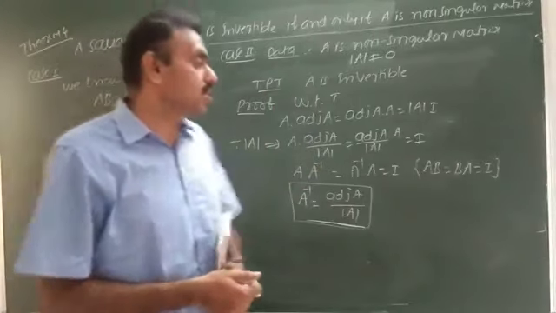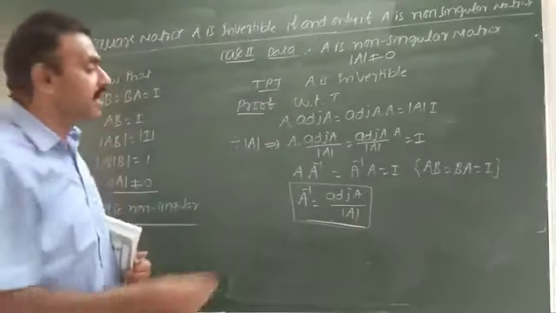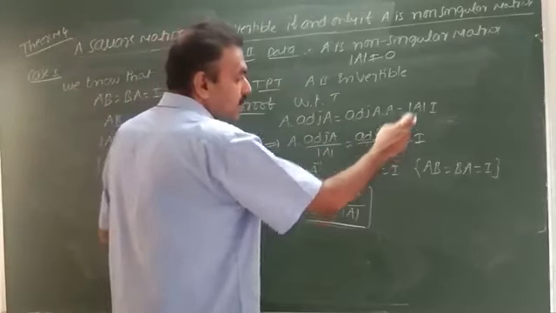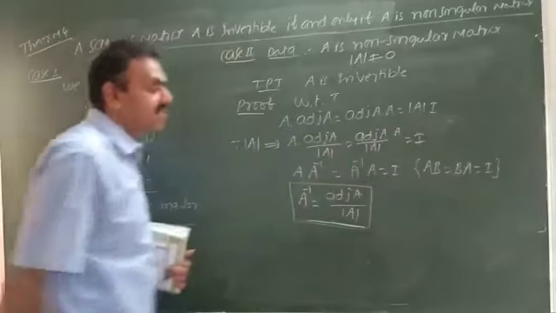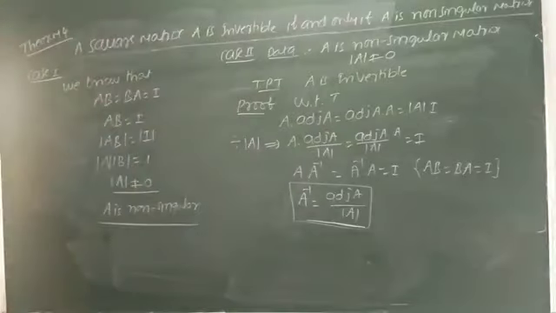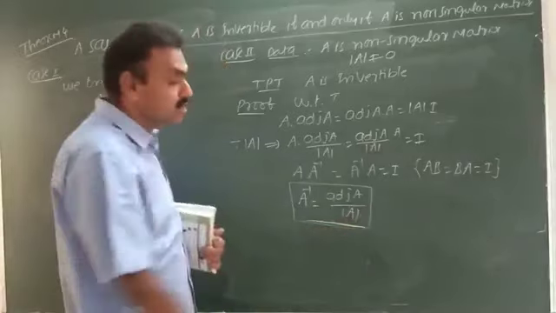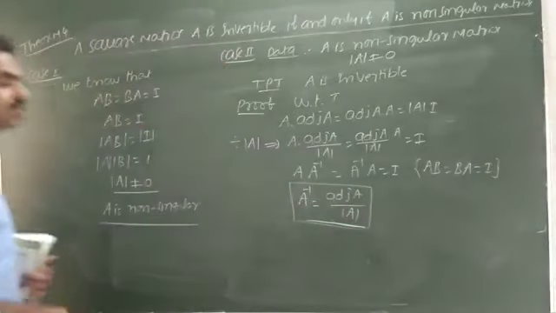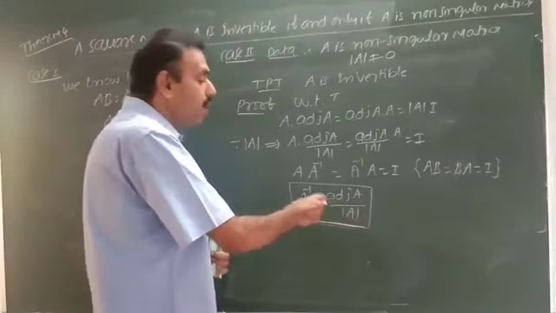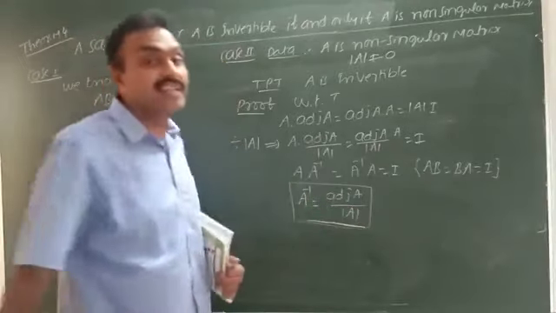A into adjoint A is equal to adjoint A into A is equal to determinant A into I. You divide throughout by determinant A: A into adjoint A by determinant A, adjoint A by determinant A into A is equal to, determinant A cancels, we are left with I. So you compare this with AB is equal to BA is equal to I. So we get A into A inverse is equal to A inverse into A is equal to I. When we compare, A inverse will be 1 by determinant A into adjoint A. See, if determinant A becomes 0, then A inverse, adjoint A by 0, is not defined. So it exists only when A is non-singular.